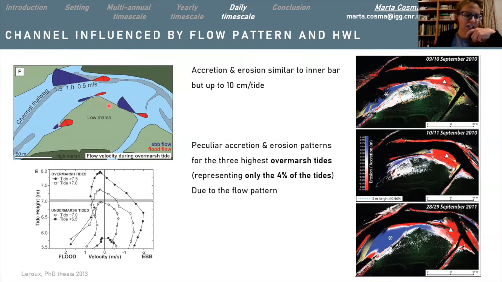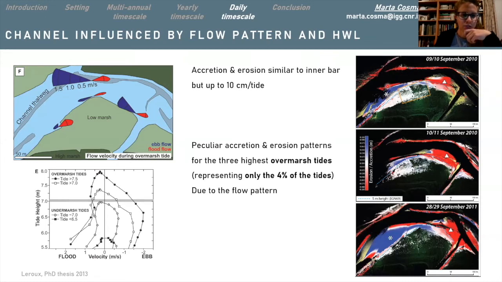Whereas in the channel, the ebb flow goes along the channel, recording the highest velocity toward the outer bank. So this kind of pattern is really related to the erosion during the ebb flow, which then goes toward the outer bank.